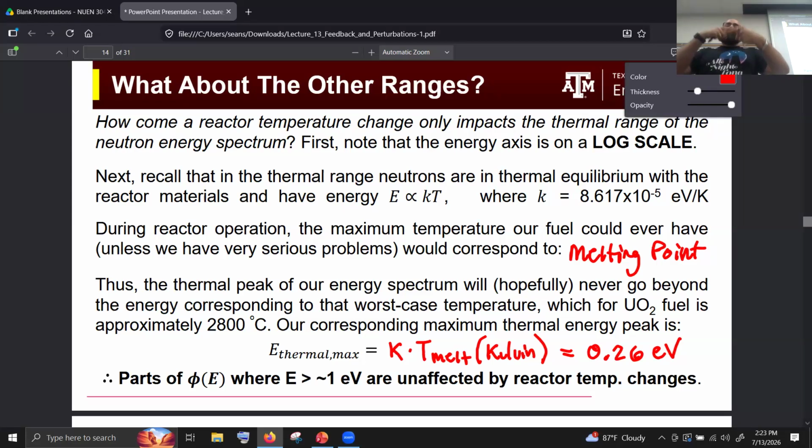They thermalize and they slow down, and eventually they get into thermal equilibrium with their environment. And so 1 eV is kind of where we can say is the cutoff of our thermal range. Any higher energies than that aren't going to be due to temperature. They're going to be unaffected by it. Anything above 1 eV is going to be unaffected by temperature changes of my system.